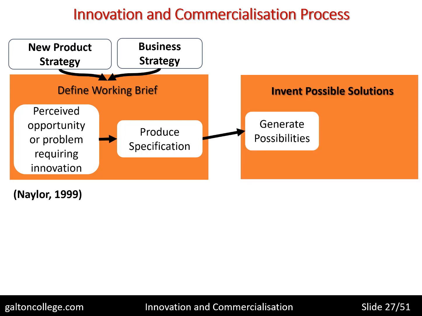So, out of this product specification, we have the invention of possible solutions. So it generates possibilities. There's a product specification. The management may now consider the particular product specification and look at what is possible, what variations, what cost savings, what revenues are involved, what technology, what are the HR implications, what new staff will be required.